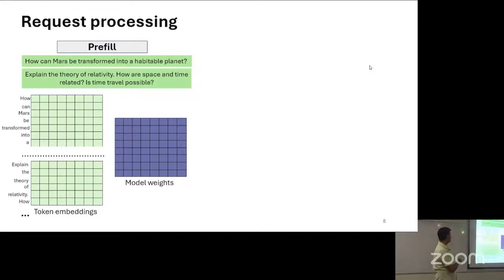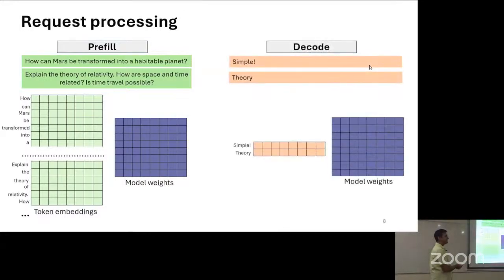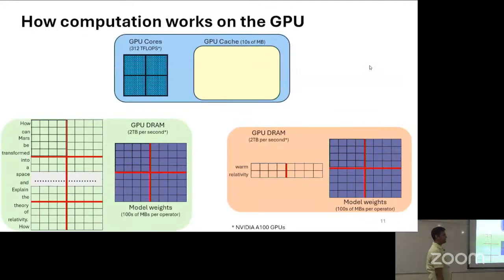So let's say how, can, Mars, all of these are individual tokens. Each of them is a vector, so together they form a matrix. And similarly, the second prompt is also going to get tokenized, and this is another token embedding matrix. Right? And these are model weights here, right? But when you go to the decode phase, you only have very few embeddings, right? Which you need to multiply with the same amount of model weights, right? And you continue doing this for each token for these requests.